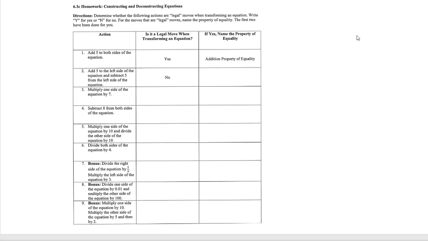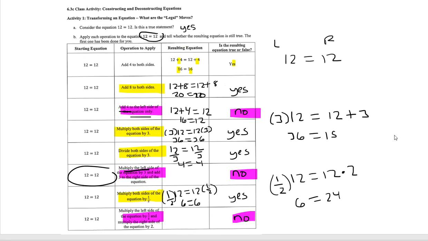Okay, now the thing that makes it a legal move is if you do an operation to both sides of the equation and the equation stays equal. That is called a legal move. So let's go back to this activity here.